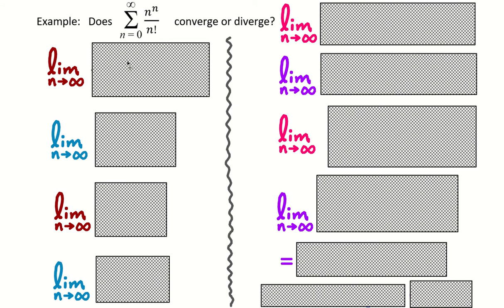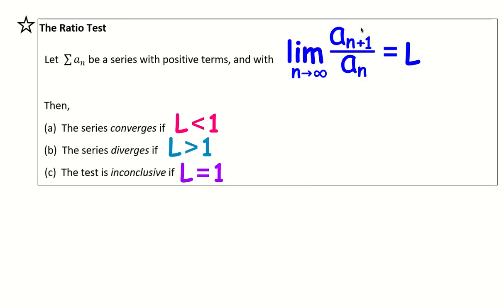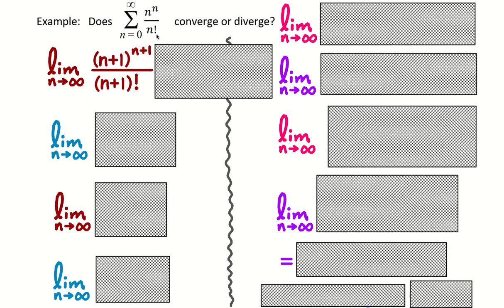So here we go. Right there is your a sub n plus 1. And we have to divide by the original a sub n.